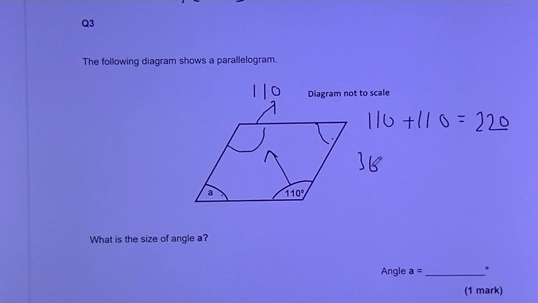There are 360 degrees in a four-sided shape. When we've added the two 110 degree angles together, we've got 220. We take that away from 360. It means the two remaining angles are made up of 140 degrees. So basically A is 70 degrees.